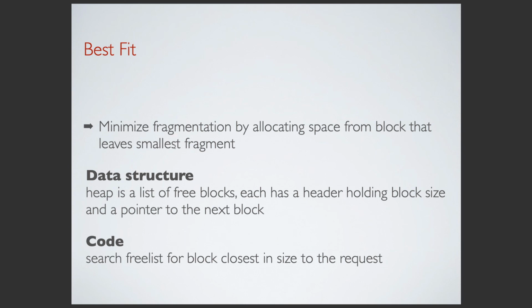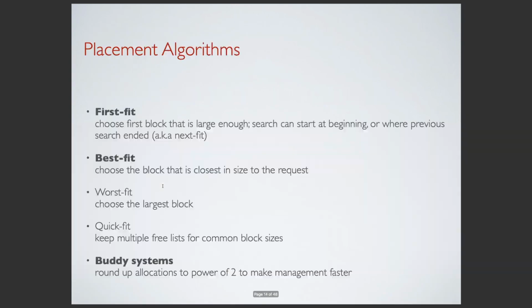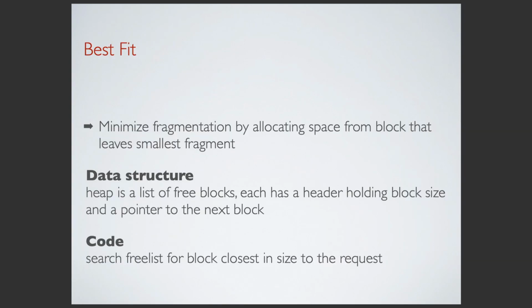So if you do that, it's kind of easy, right? If you have a list of free blocks, it depends what kind of data structure you have and how you implemented it, but assuming you have a free list, which is simple, if the heap is a free list of blocks, then you have to go through that list and find the best block.